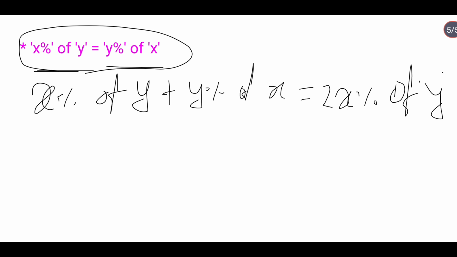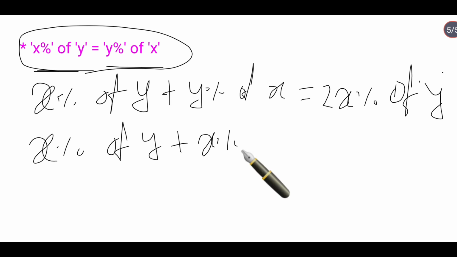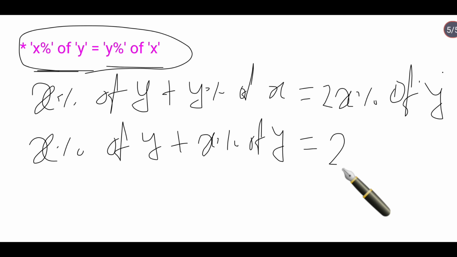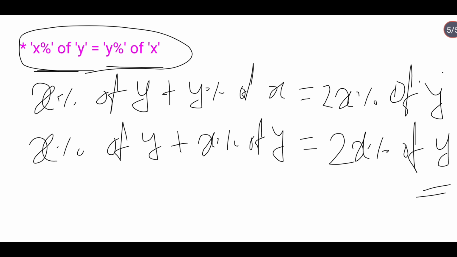X percentage of y plus y percent of x, we can also write it as x percent of y. So x percentage of y plus x percentage of y is 2x percentage of y. This is also one more formula. Please note down this formula.